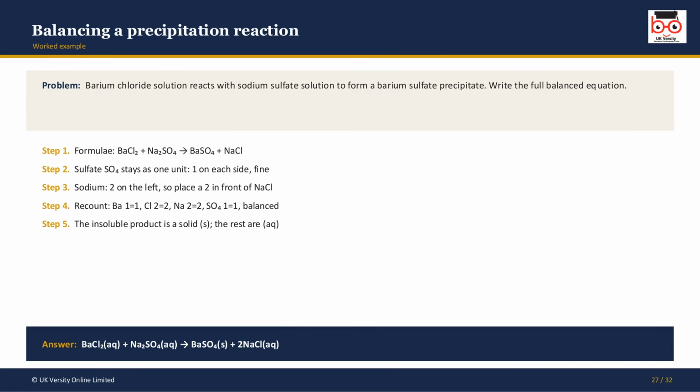There are 2 sodiums on the left, so put a 2 in front of the sodium chloride. Recount: 1 barium, 2 chlorine, 2 sodium, and 1 sulfate. Balanced. The insoluble product is a solid and the rest are aqueous, so BaCl2(aq) + Na2SO4(aq) goes to BaSO4(s) + 2NaCl(aq).